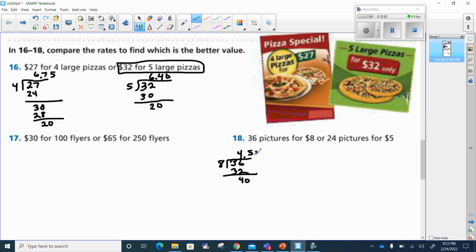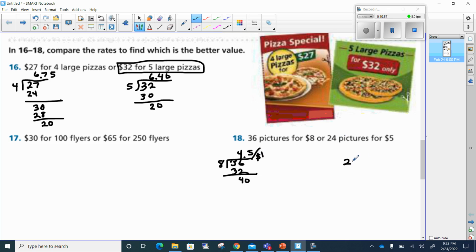So that's $4.50, right? Oh no, that'd be 4.5 pictures, not $4.50. 4.5 pictures for $1. Okay. Per $1. Okay. Let's try the other one.